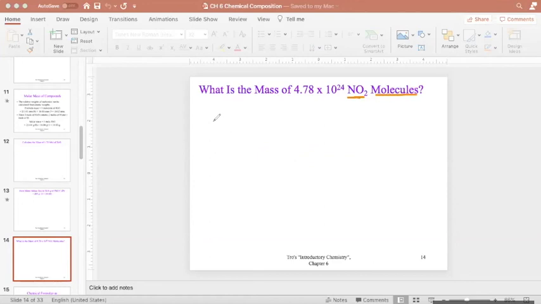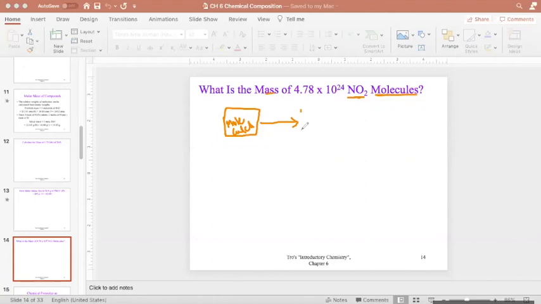That's why we are writing molecule, right? So let's make a solution map. So we are starting with molecules, right? We are starting with molecules. Is there any direct relationship between molecules and mass? No, right? If you remember the pathway, mass to moles to molecule or atom, or if you go backward, molecule to moles to mass.